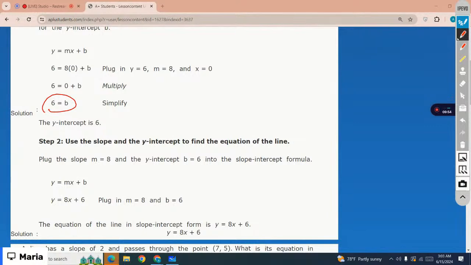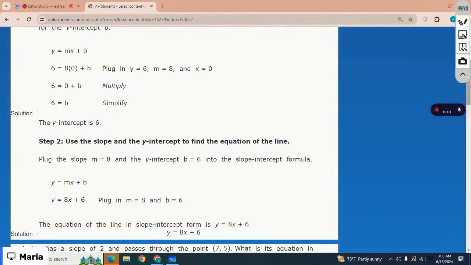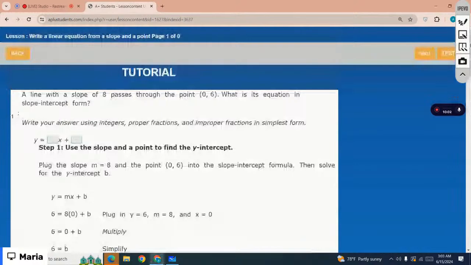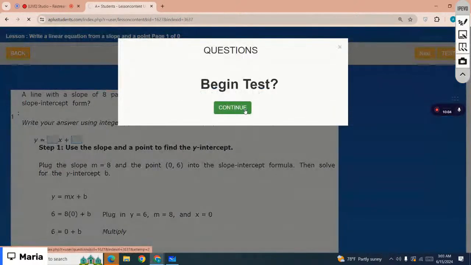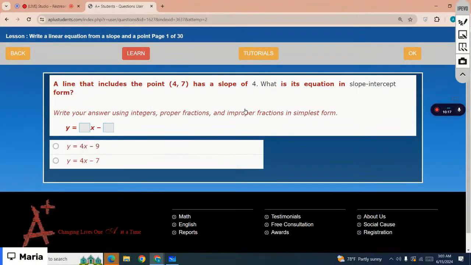Okay, let's just start with the test questions. The point 4, 7 has a slope 4. What is its equation in slope intercept form?